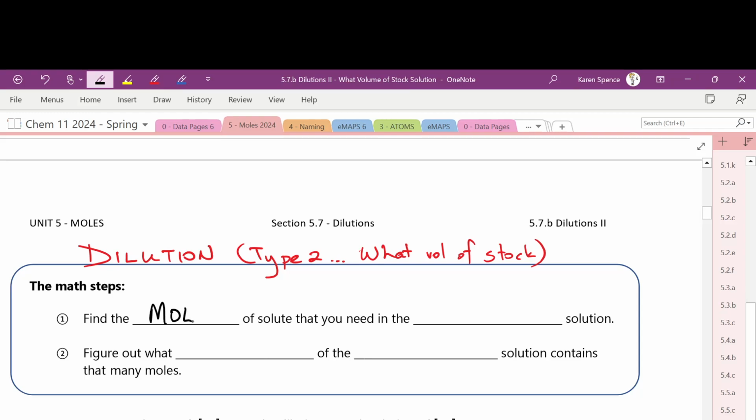Find the moles of solute you need in the final solution. And then you'll figure out what volume of the final solution contains that many moles. We good? This is not on tomorrow's quiz, by the way. Dilutions are not on tomorrow's quiz.